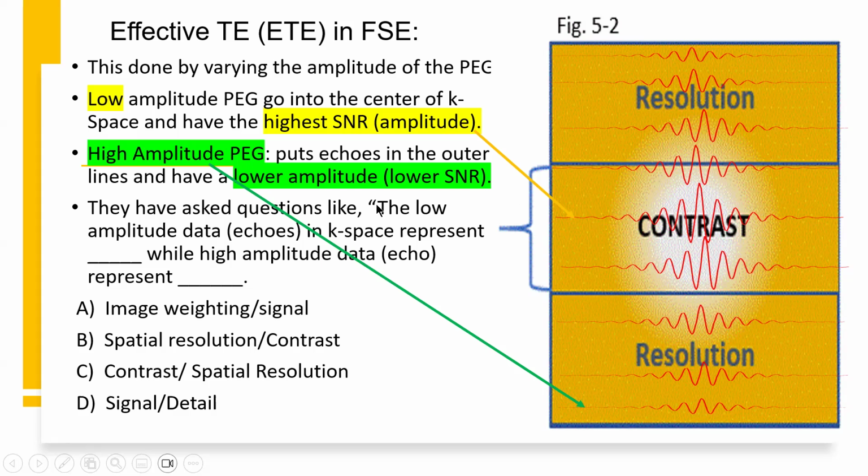So far, so good. So a strong amplitude gradient is going to cause a low amplitude echo. This high amplitude gradient goes in the edges of K-space. Just remember one of these, or try to remember one of these, and the opposite is true.